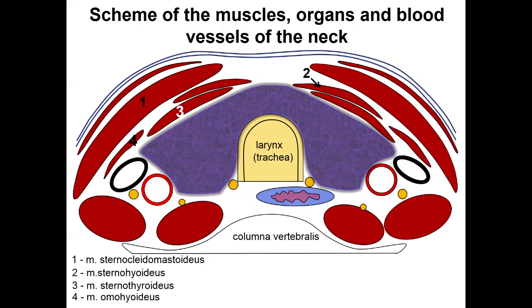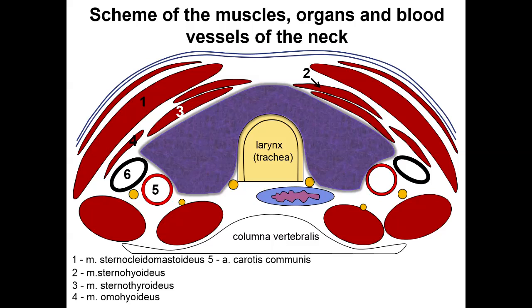These 3 muscles belong to the middle layer of neck muscles, which take place below the hyoid bone. Then, number 5, it's arteria carotis communis.